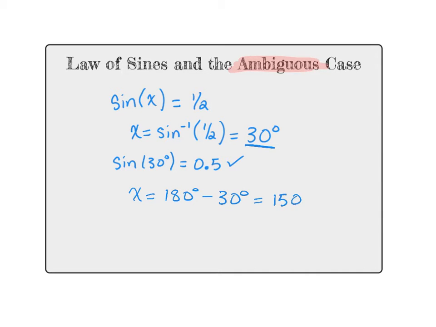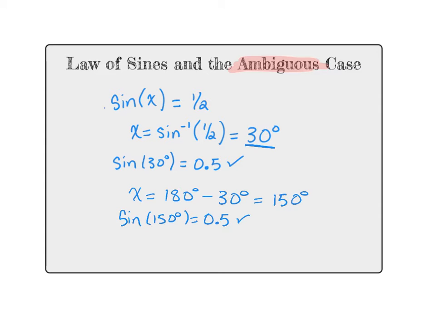This will find the alternate angle that will work for this equation. Let's check our work. We're going to find sine of 150 degrees in our calculator, and we want to also make sure that it equals 1/2. And it does. When I type sine of 150 degrees into our calculator, I also get 0.5, and so this is also going to be a solution.